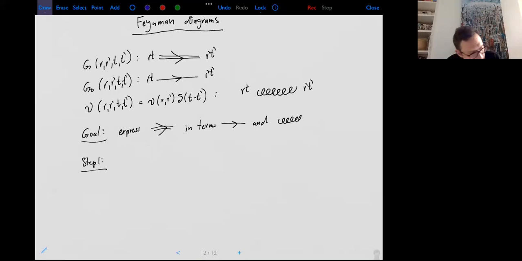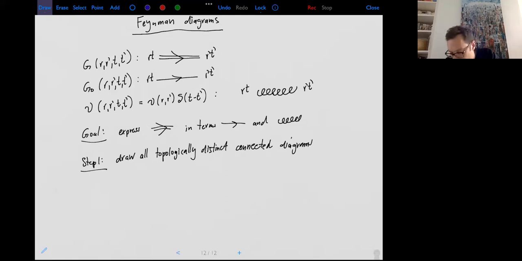So in step one of that recipe, you draw all topologically distinct connected diagrams, and I'll show you in a second what that means, with n interaction lines and 2n plus 1 G0 lines, right?